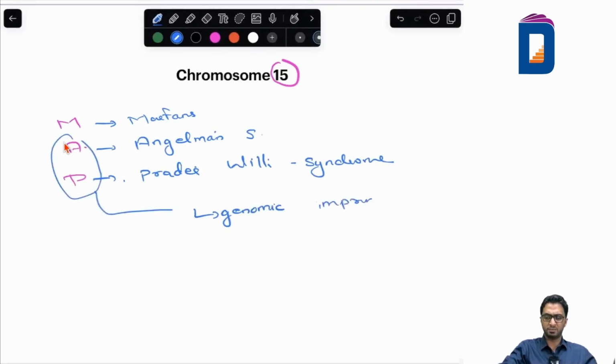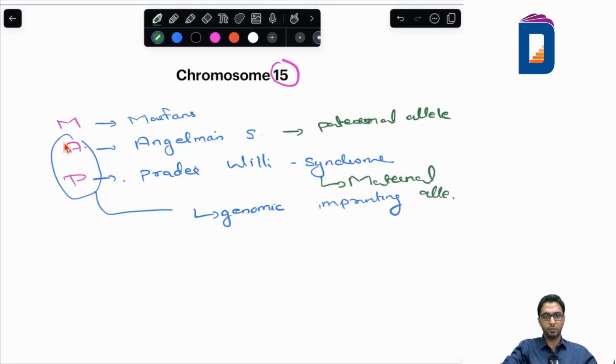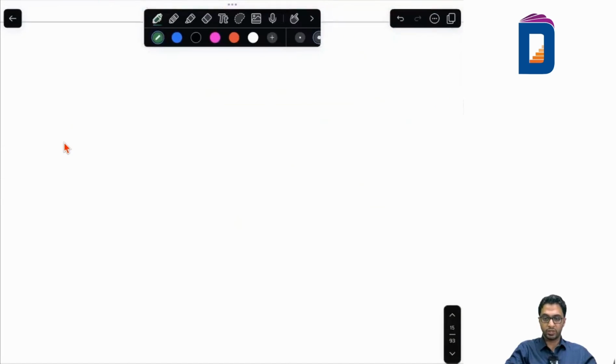What happens here is that in one the paternal allele gets deleted, and in the other the mother's allele gets deleted. So both of them will have different symptoms. That's called genomic imprinting on the 15th chromosome. So just three diseases to map: Marfan's, Angelman, Prader-Willi. Let's go to the next part.